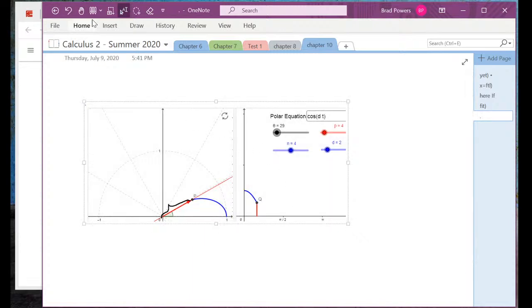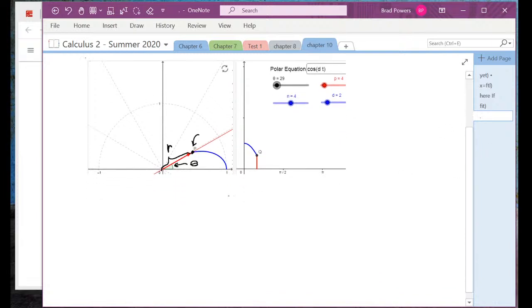Anyway, this is R, and this right here is theta, and we got a point right there. And so if we're to zoom in on this, we might write something like this.